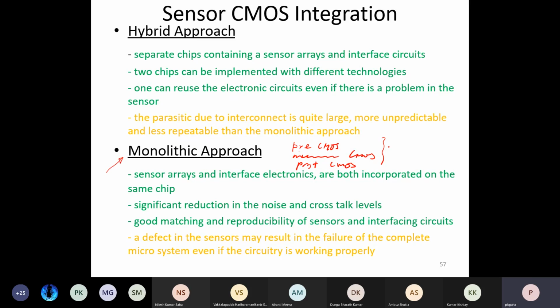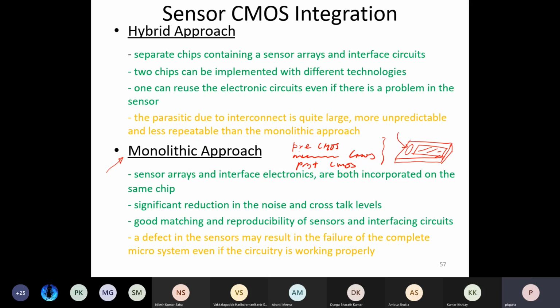By monolithic I mean you have a silicon chip, and there are circuits on that chip, and you develop your non-silicon device, maybe sensors as I said, on the same chip. So that's basically monolithic. On the same chip you are developing your sensors and your circuit.